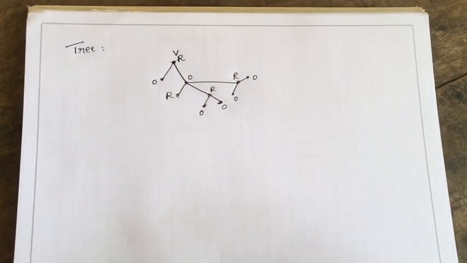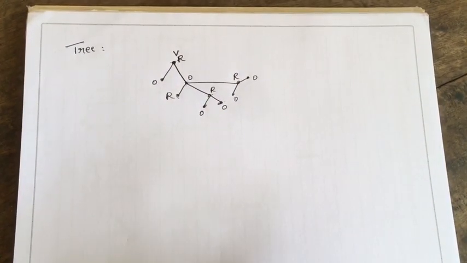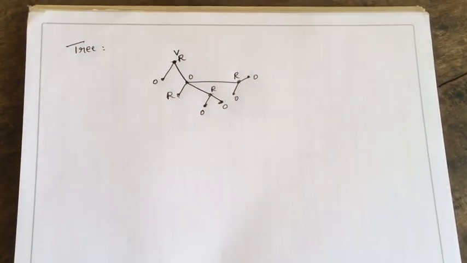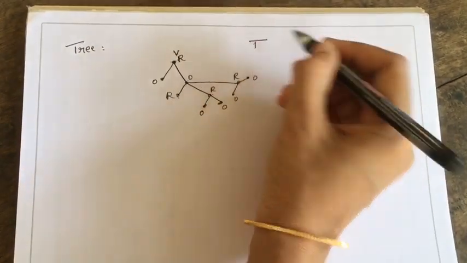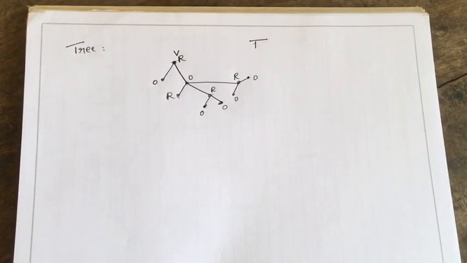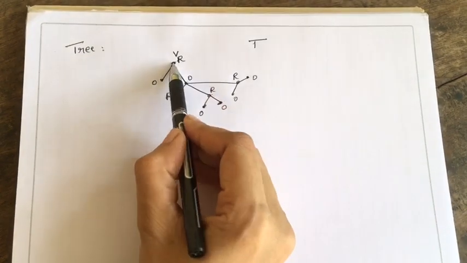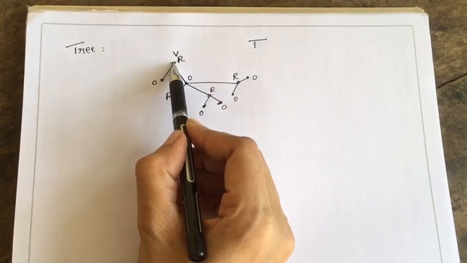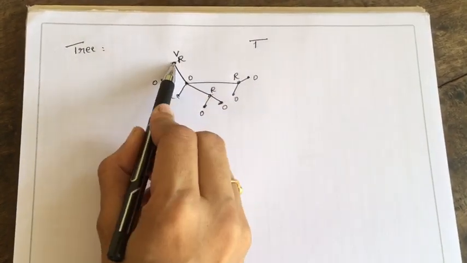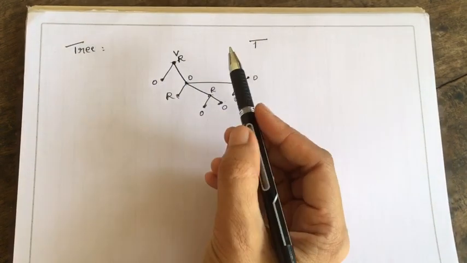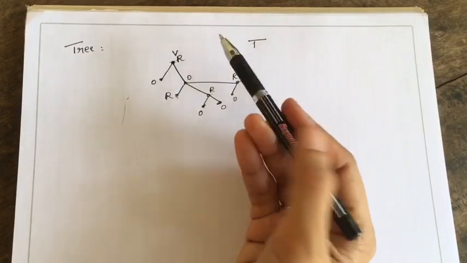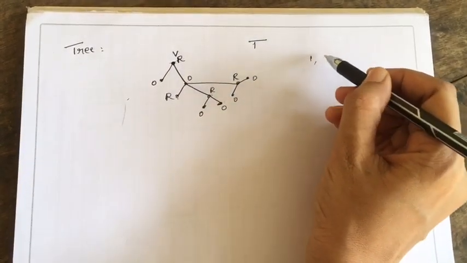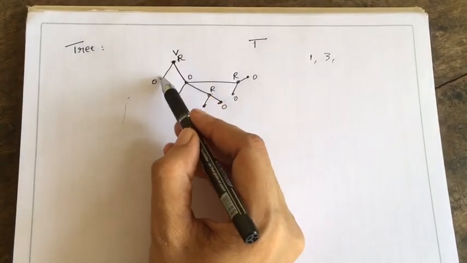Like that, you continue this process until you color all the vertices of a graph. So in this tree, now we can find that all the vertices at odd distance from V have the second color, right? All the vertices which are at odd distance, meaning distance 1, 3, like that, have the second color.